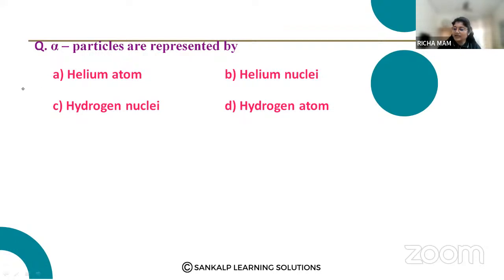What are these alpha particles? Likith has answered hydrogen atom. What about others? You can try. If your answers are wrong, no problem, but trying is very important. Participation is important.